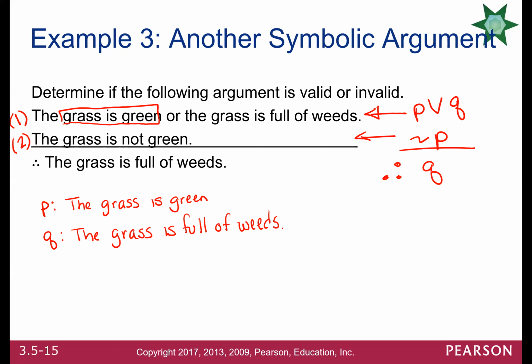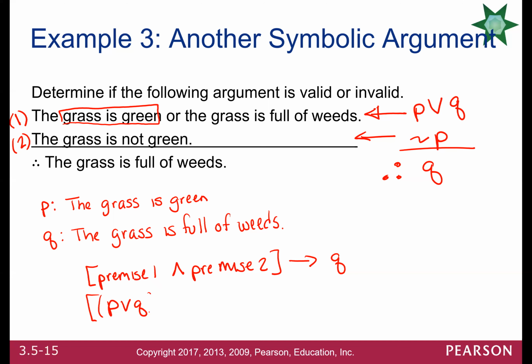So I need to create a truth table for this argument. And remember, the argument is going to be premise 1 and premise 2, then Q. So it's going to be if premise 1 and premise 2, then Q. And premise 1 is P or Q. And premise 2 is not P, then Q. So that is what we are going to create a truth table for.